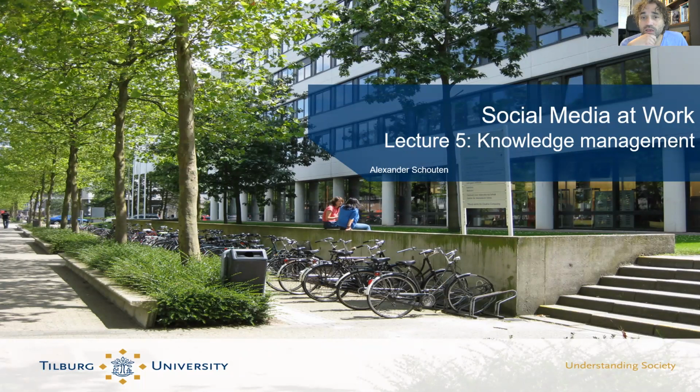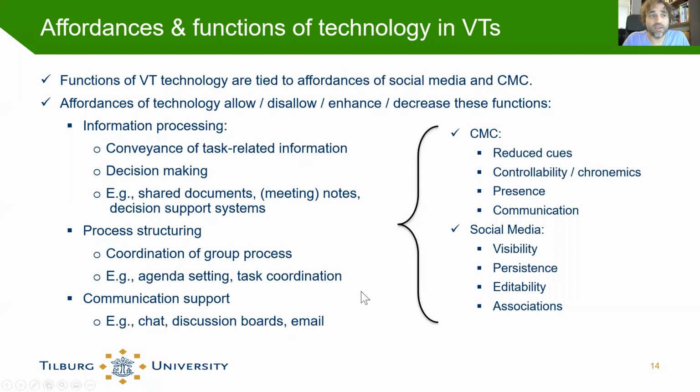So last week we talked about virtual teams, and we kind of ended here: the affordances and functions of technologies in virtual teams. And I explained that when you look at what virtual teams should offer to the virtual team members in order to make sure they're able to work, and this counts for every virtual team there is.